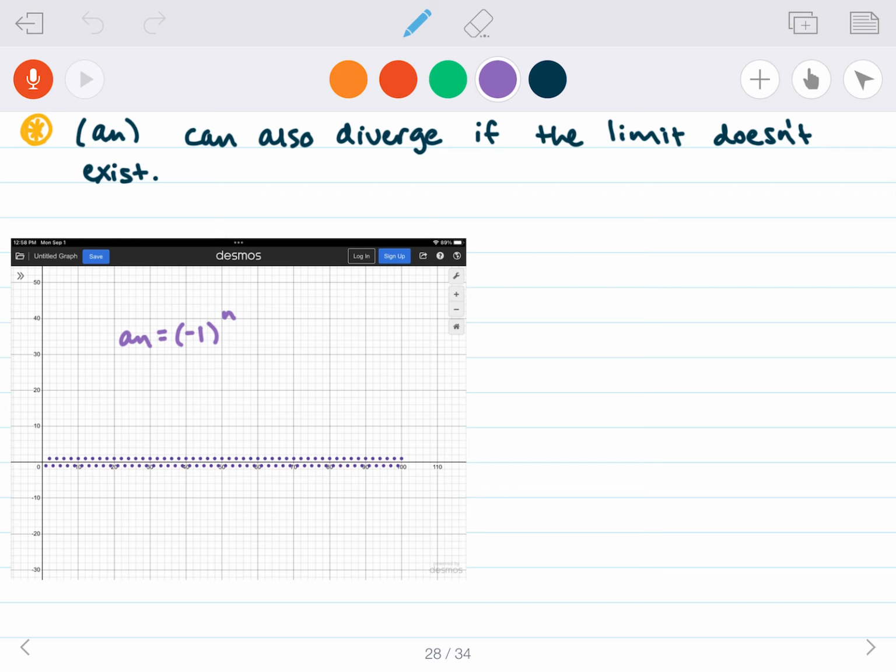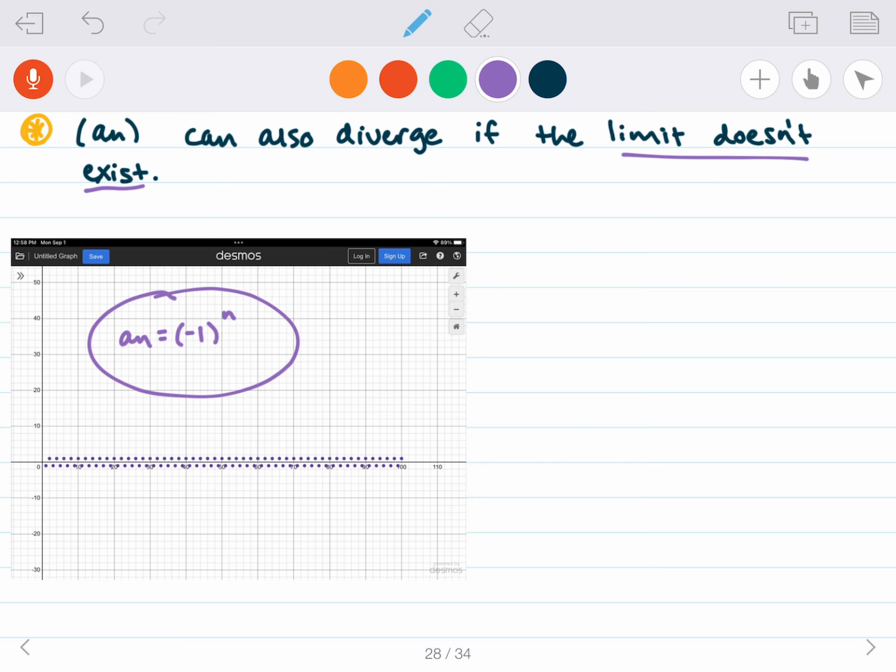Also, there's another option where you can have a sequence diverge, but it doesn't go off to positive or negative infinity. It can also diverge if the limit does not exist. For example, our sequence a sub n equals negative 1 to the n is going to oscillate between positive 1 and negative 1, depending on whether little n is even or odd.